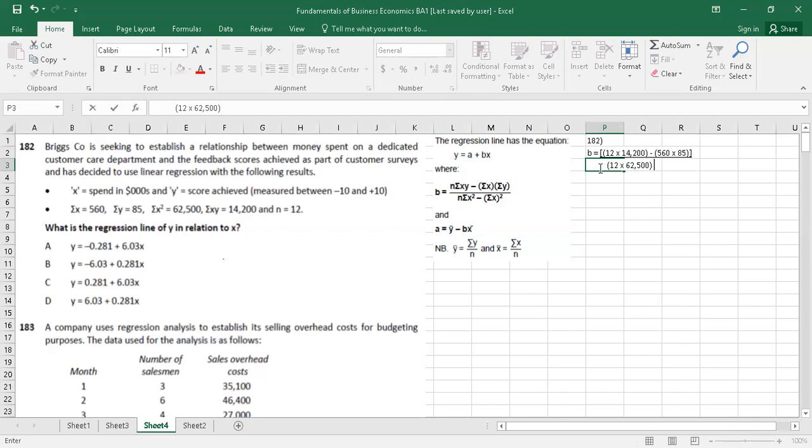Then minus, we have sigma X whole square, that is 560 whole to the power of 2. Okay, let's use the calculation here.